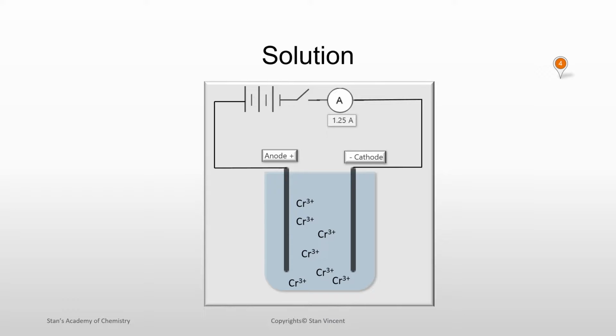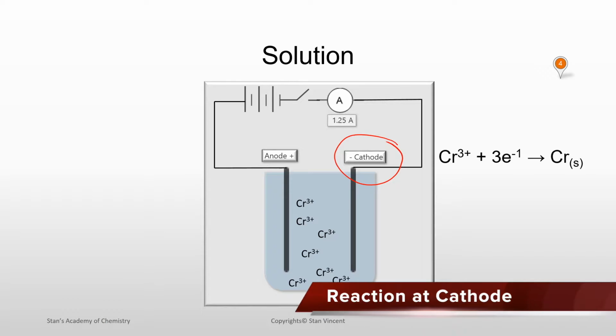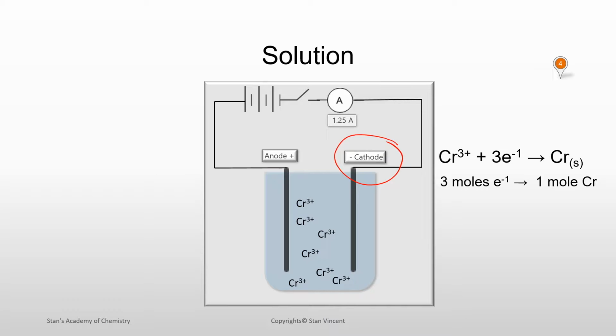Now we're going to look at the reaction that's going to take place at the cathode. It's reduction: Cr3 positive plus 3 moles of electrons gives you 1 mole of chromium. In short, every time 3 moles of electrons flow through the circuit, it deposits 1 mole of chromium.